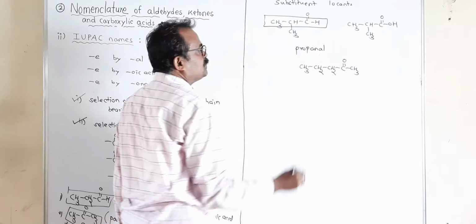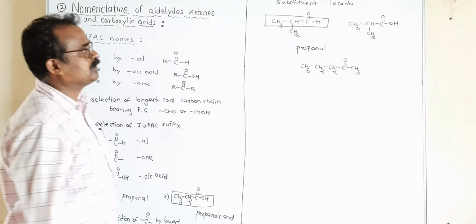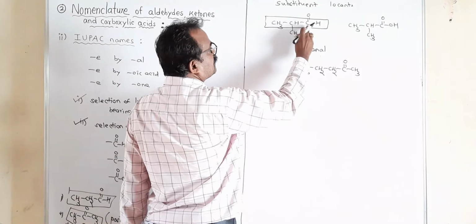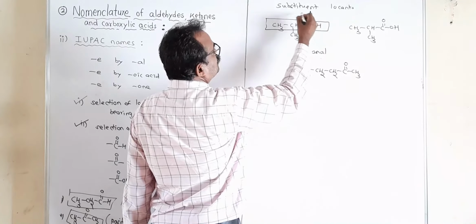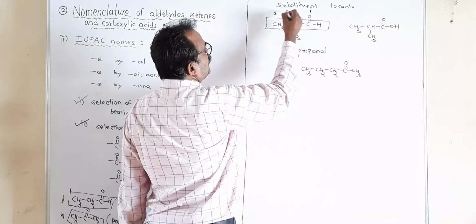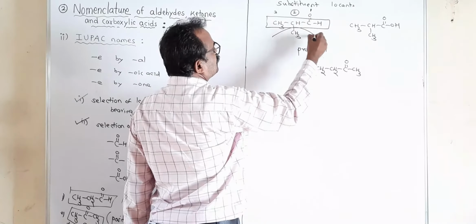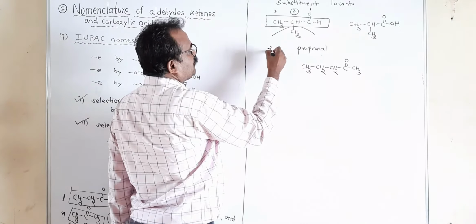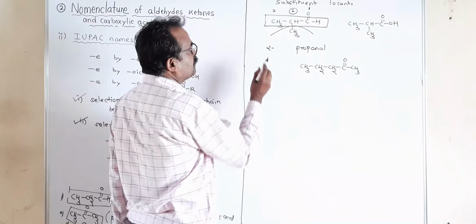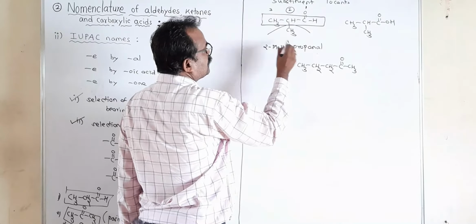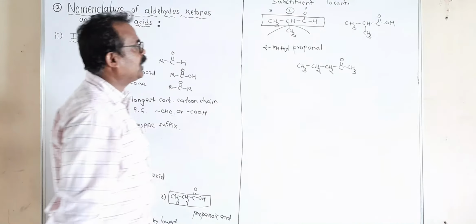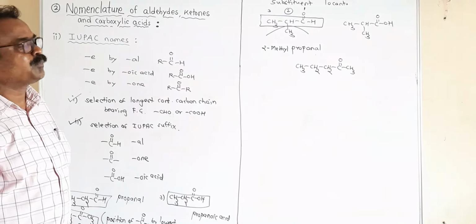Therefore in aldehyde we are using -al, so propanal. And you always label the carbonyl carbon as number 1. So this is 1, 2, 3, and on the 2 position the methyl group is attached. Therefore indicate its proper position and its name in a continuous form. So this is known as 2-methylpropanal.